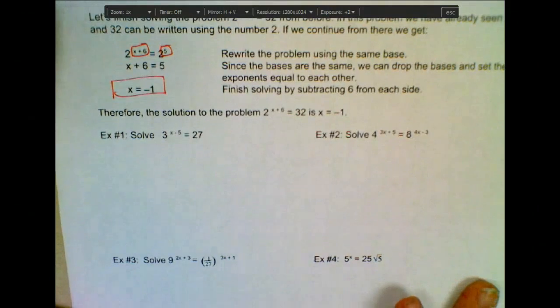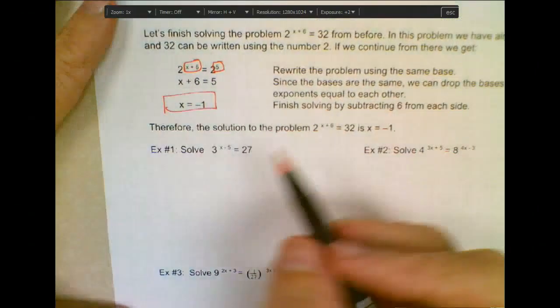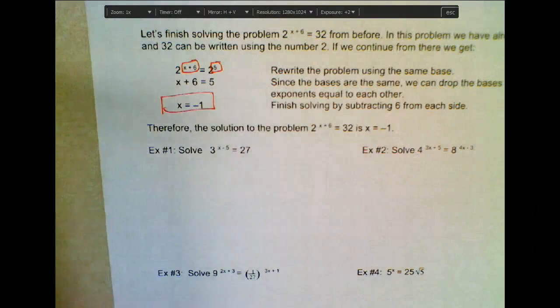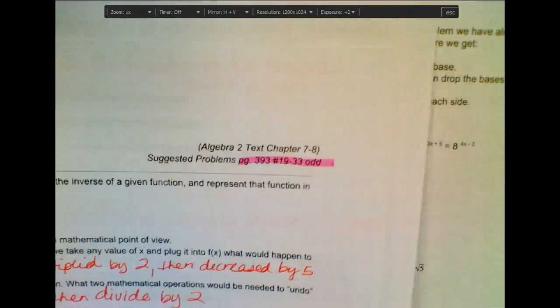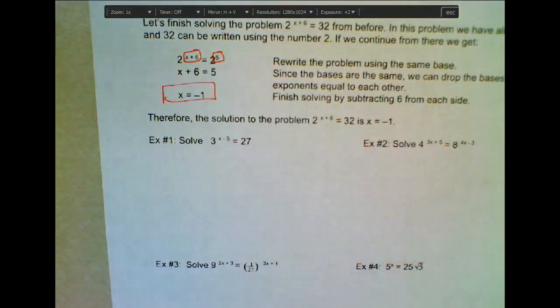Okay, let's do example 1 and 2 together. I'll actually work through all these problems together. Okay? You have problems, again, on the top of each of your note packets of work that you need to do on your own. Okay?